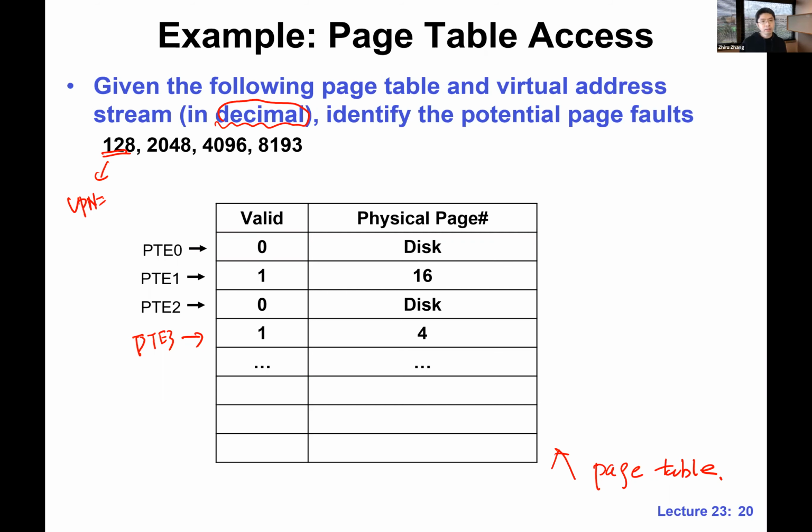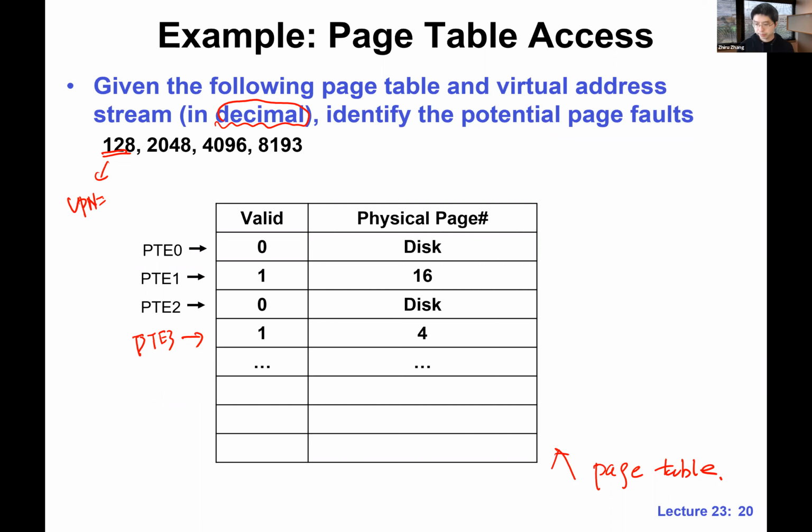I don't even need to give you the number of bits for the virtual address, so this should be actually obvious. What is the VPN number in decimal? 128 is the absolute number of the virtual address. What is the VPN, guys?